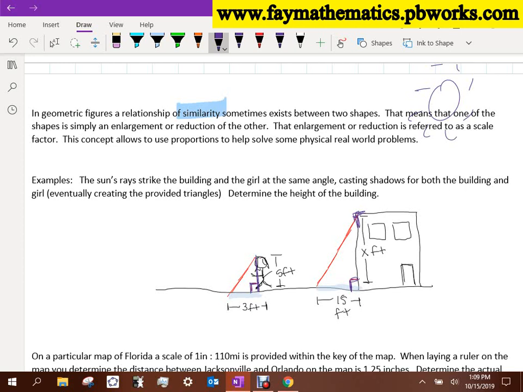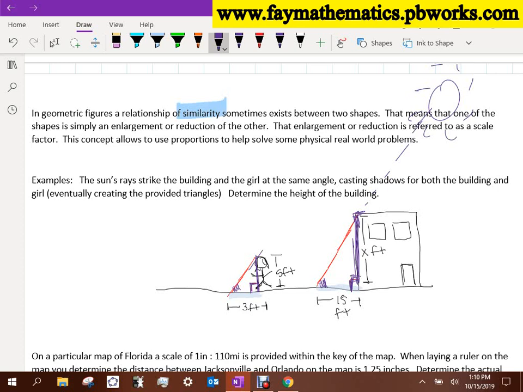We're going to assume that when this building was built, they made it perpendicular to the ground. Because of the way that the sun's rays hit these objects, that angle right there and that angle right there are going to be the same as well. And that fact is what you'll investigate in geometry, but that's enough to say that these two triangles are similar to one another.